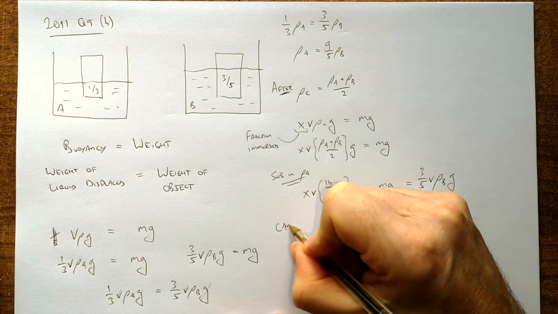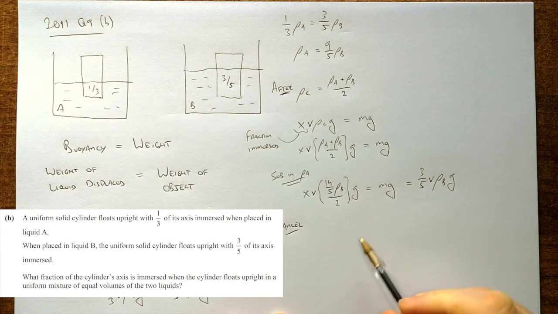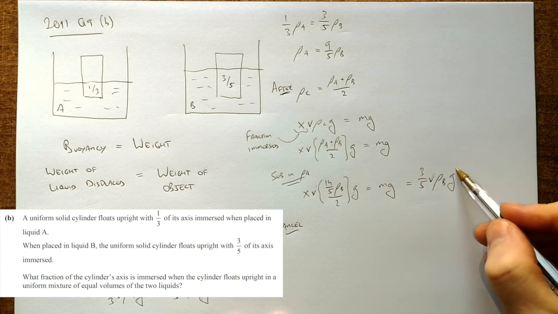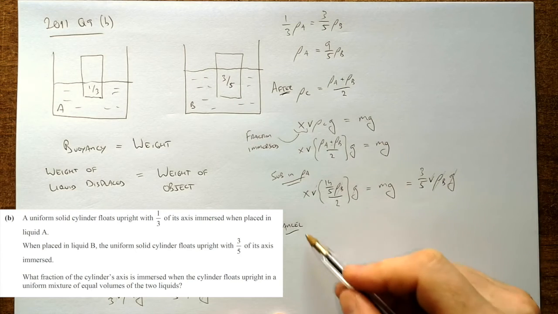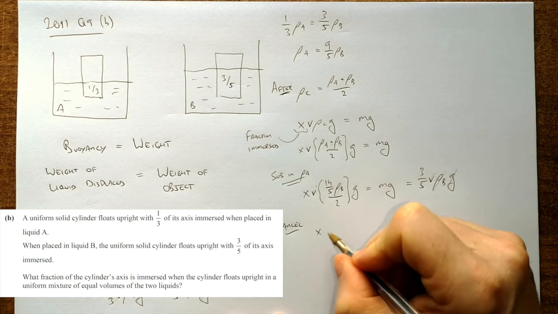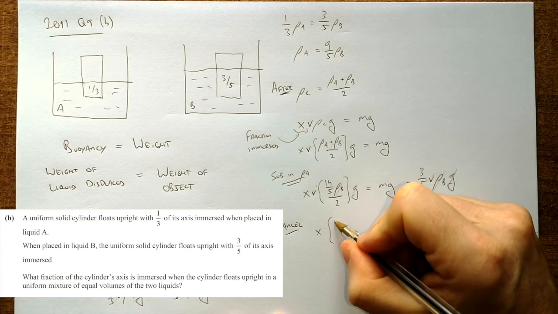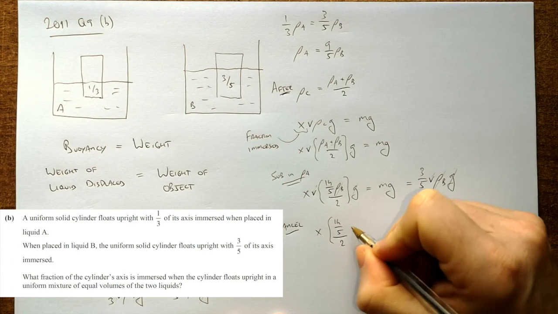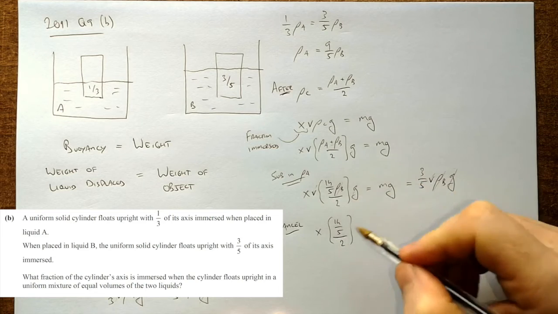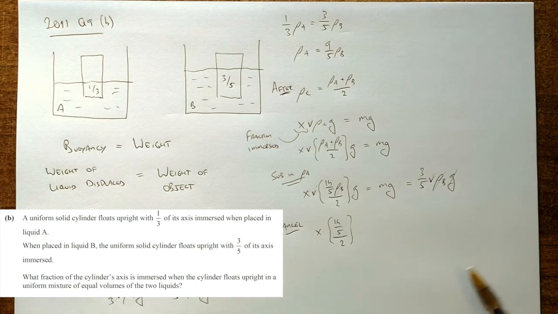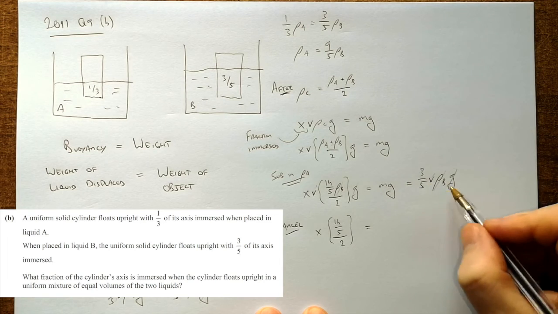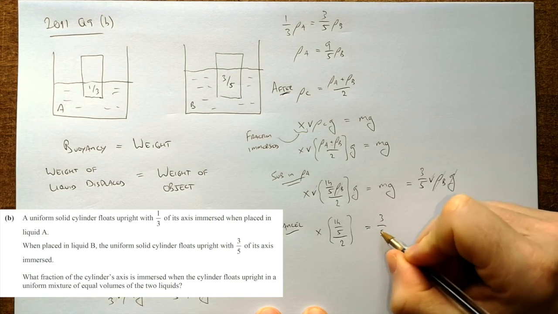So let's cancel. Loads of this is going to disappear for us here. The V's are going to go, the g's are going to go, the rho B's are going to go. So what have we got? We've got x by 14 over 5 all over 2. I'm just going to leave it like that. You may see it's 28 over 5, but I'm going to assume that we hate these things, so we're going to do it the easier, longer way, equals 3 over 5.